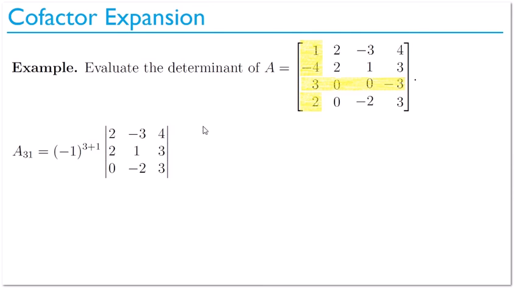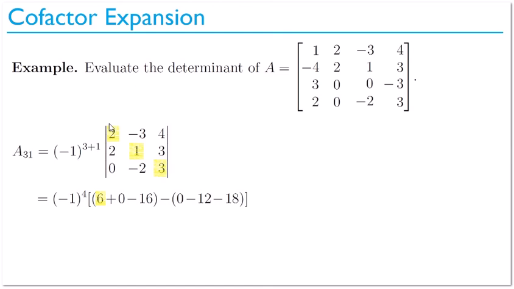Now we simplify. We have -1 raised to 4. For the second factor, let's get the determinant. This is a 3 by 3 matrix. First, we get the product of all the entries in the main diagonal: 2, 1, and 3, so we have 6.